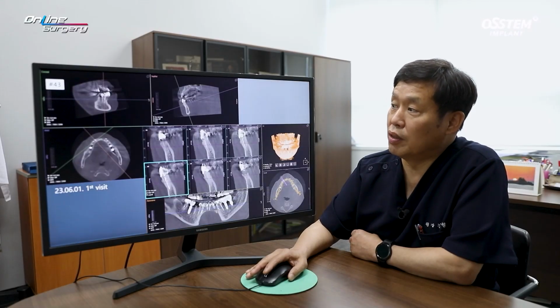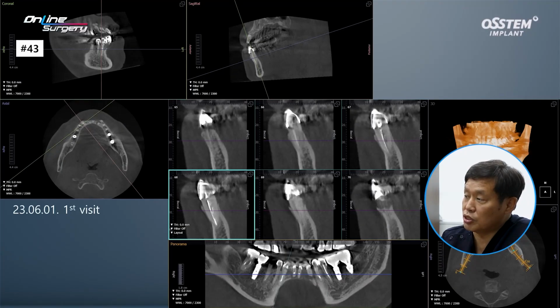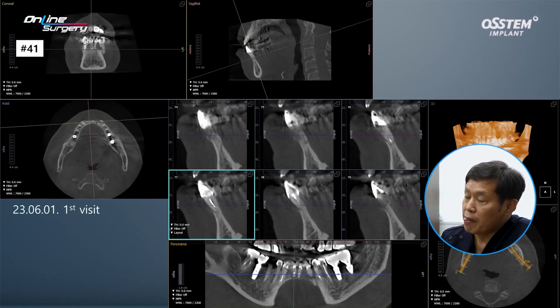Looking at CT of tooth number 43, here we see a bridge abutment and the root is deeply embedded, suggesting that immediate implant placement should be possible. Looking at number 41, both the central incisors show significant alveolar bone loss and the gums have receded considerably.